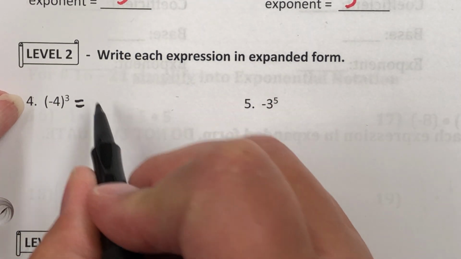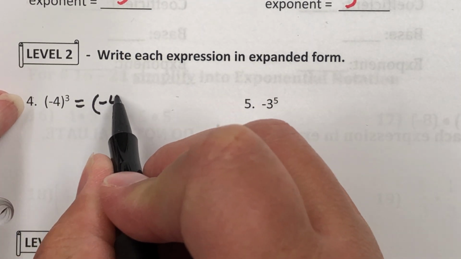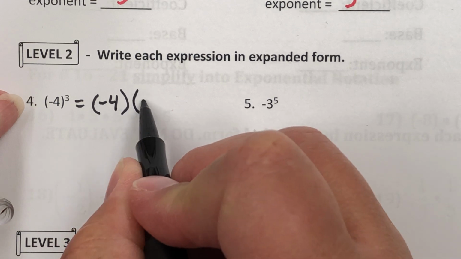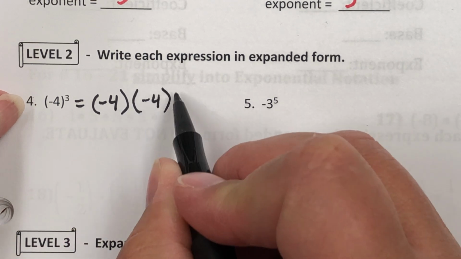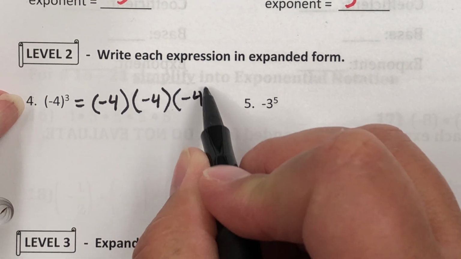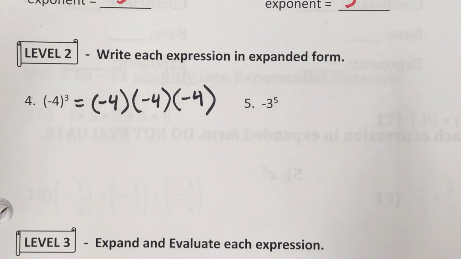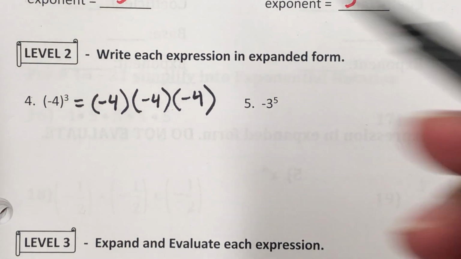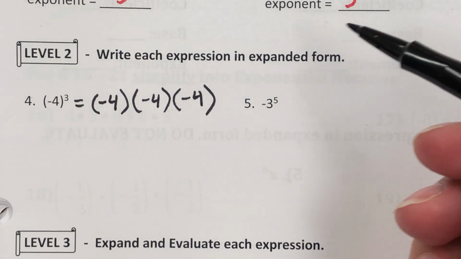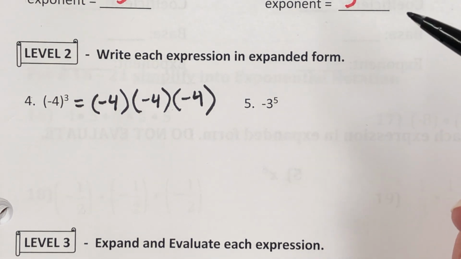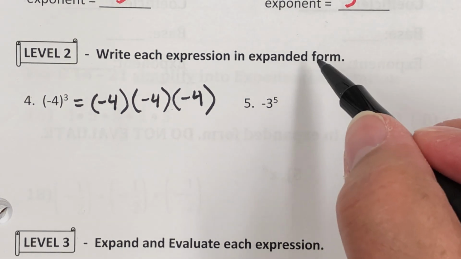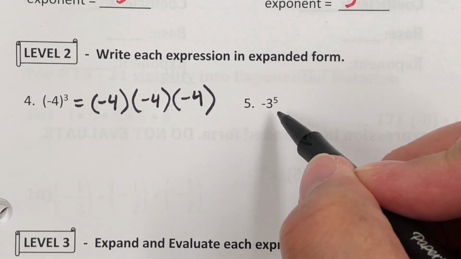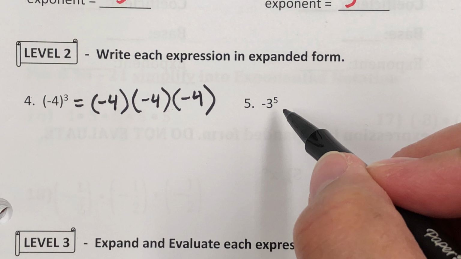So that is really parentheses -4, parentheses -4, parentheses -4. Do I have to solve it? No. Up here, the directions don't say solve, they don't say evaluate, they don't say anything about solving the problem. It's just expanded form. Now this one, that's a very different problem.